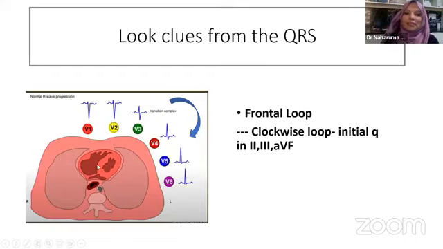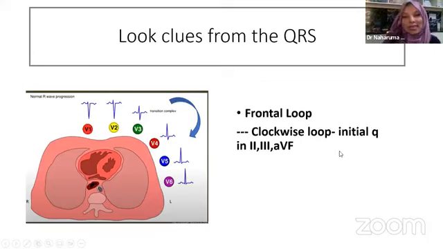What we have seen, this is from the foot end, and RV has less mass and LV has more mass, so we get a small r, and the R is in progression, and in V3 and V4 there is equiphasic R and S. This is called sudden transition, and this transition happens clockwise. So this is called clockwise loop.